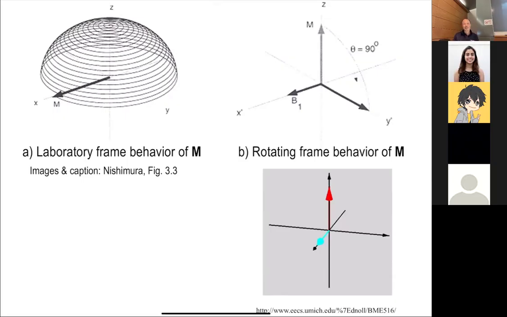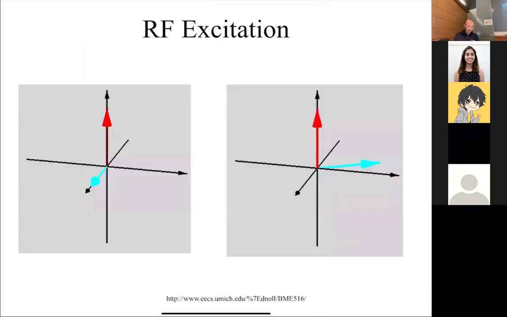Okay. Yes, question. If the magnetic moment is perfectly aligned with the primary magnetic field, the net torque will be zero, right? And so it won't start any spiraling motion. That's a subtle, interesting point.